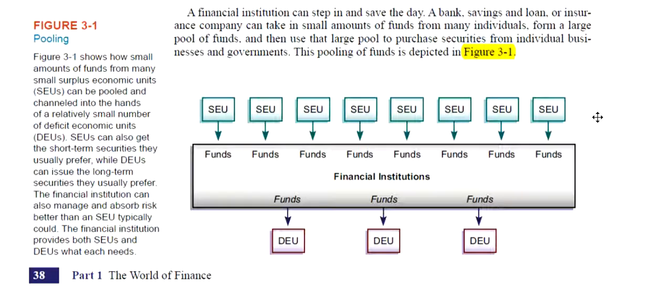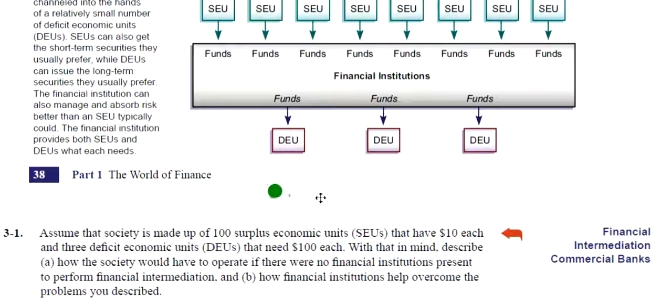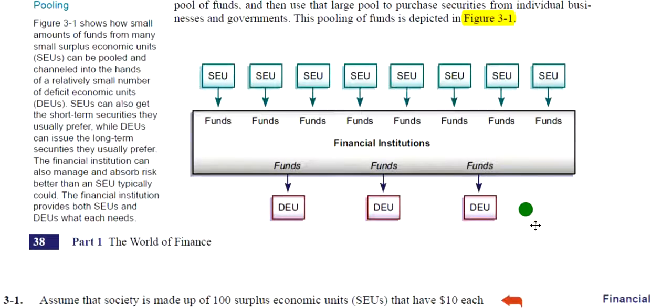So they'll want to save relatively small amounts of money and always be able to access it if they need it.